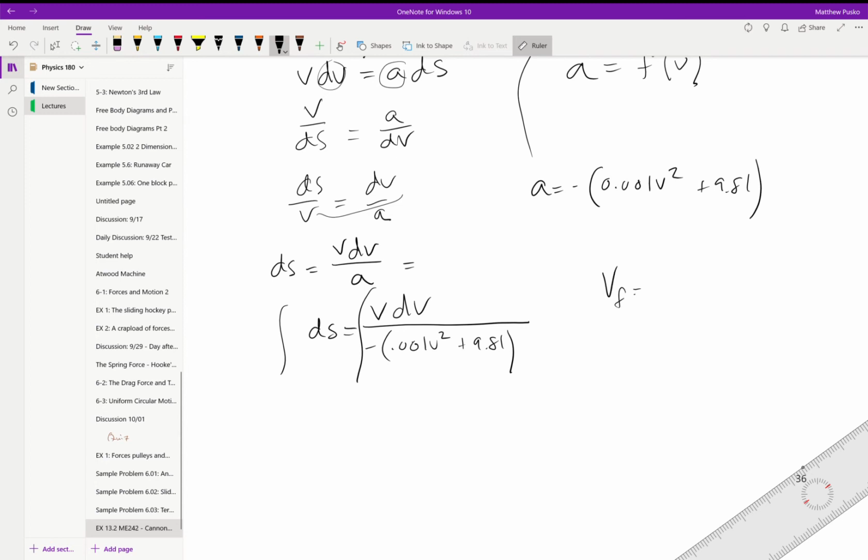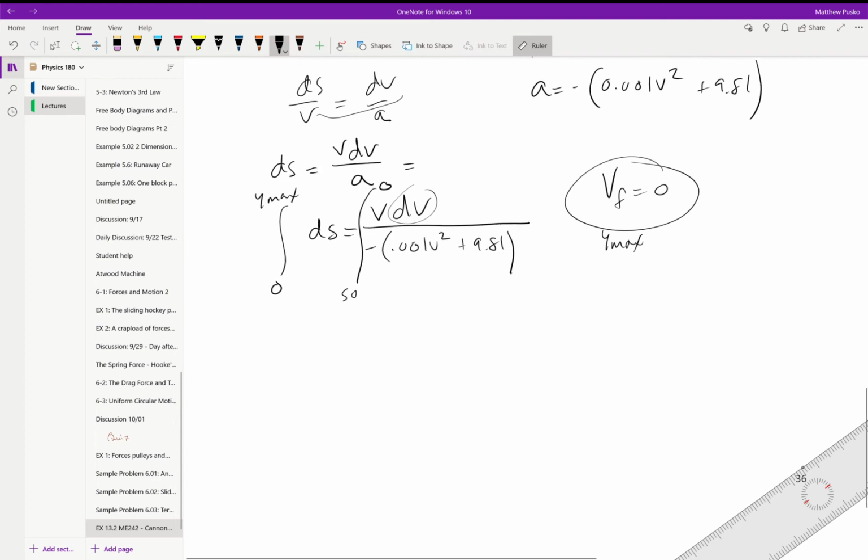The velocity goes to 0, and we can call that y max. If it started at 0, we'd integrate from 0 to y max. And we'd integrate the velocity from its initial velocity, which they told us was 50 meters per second, to its final velocity of 0, where it turns around and starts coming back down.